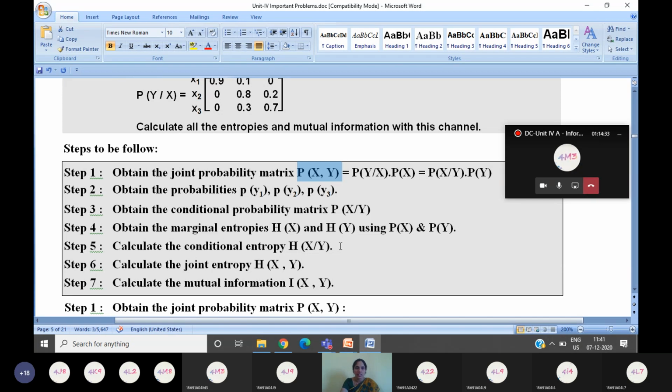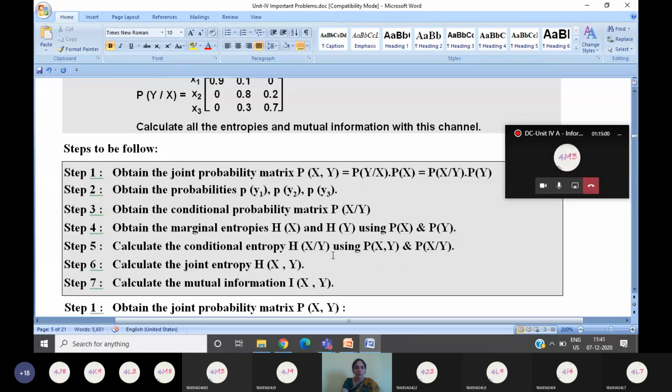That is p of x by y. We have already calculated it here, so you can directly use it. Otherwise, please write here using the joint probability matrix, that is P of x comma y, and P of x by y. Okay, this is the fifth step.